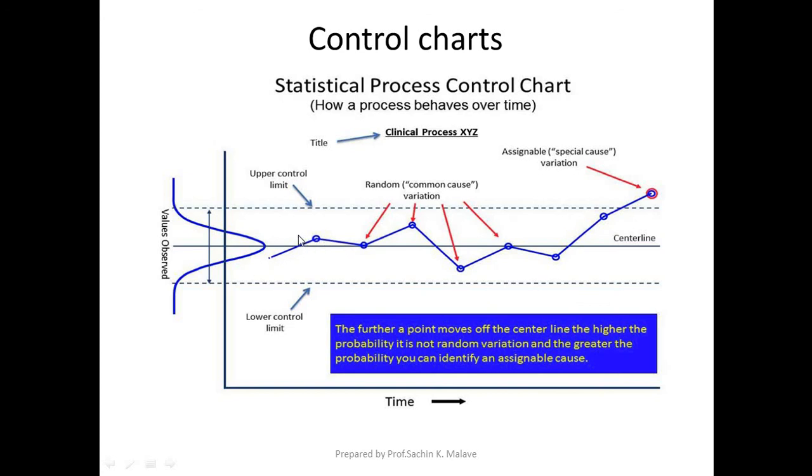All the observations that you are getting, you have to go on plotting those points in this control chart, so that you can get an idea of all the variations, say right from 170 to 180.